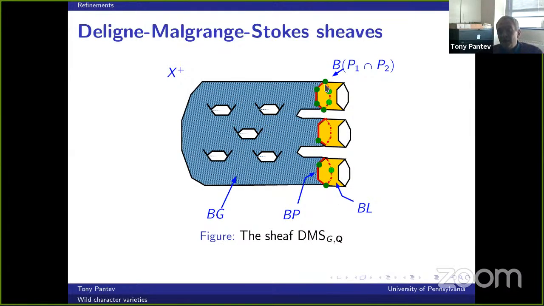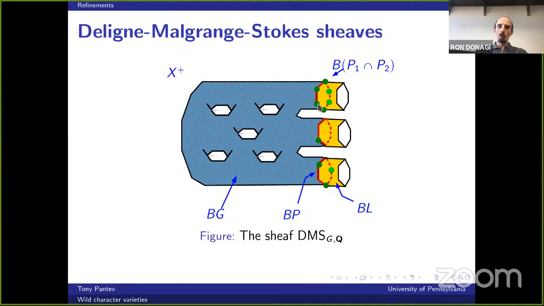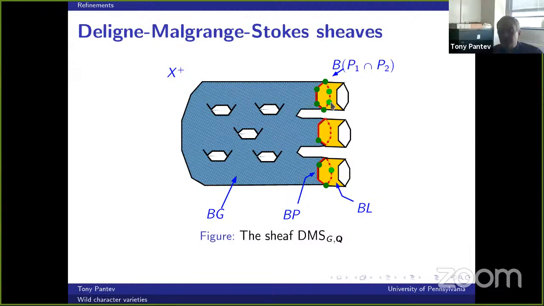And on a circle that separates each neck, there were punctures that corresponded to all the anti-Stokes directions. These are the green dots. The Linmogram-Stokes sheaf that parametrizes the data that classifies an irregular local system is a sheaf of stacks, which on the big inner stratum is just BG.